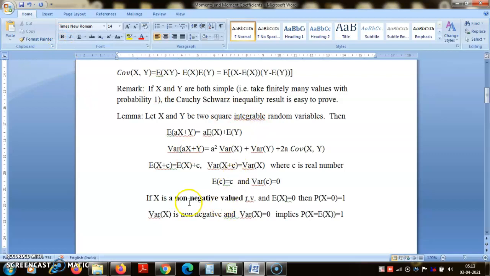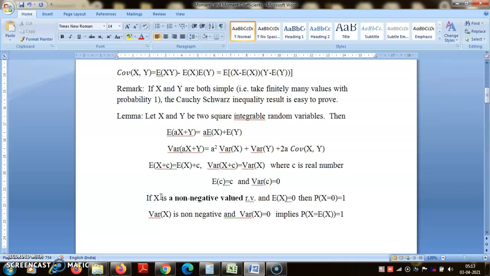If you compromise this condition, then of course this result is not true, because you can think of a simple example. Suppose x is taking two values, -1 and +1, each with probability half. Then what is the expectation of x?